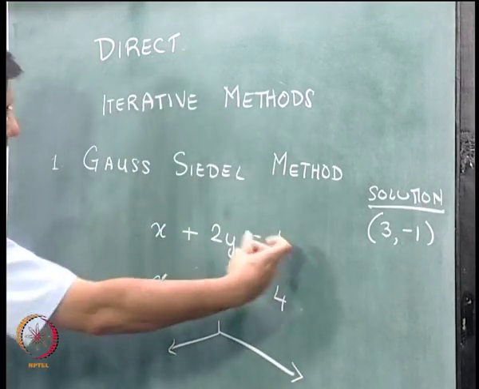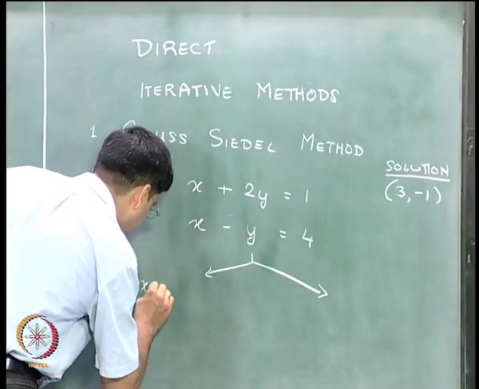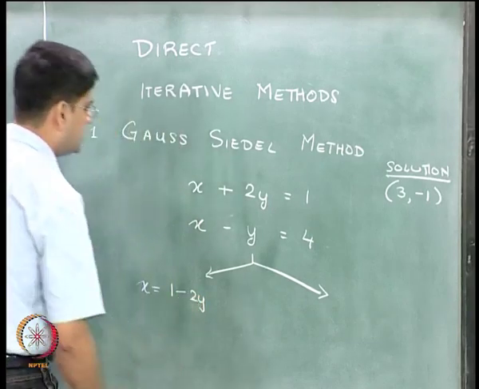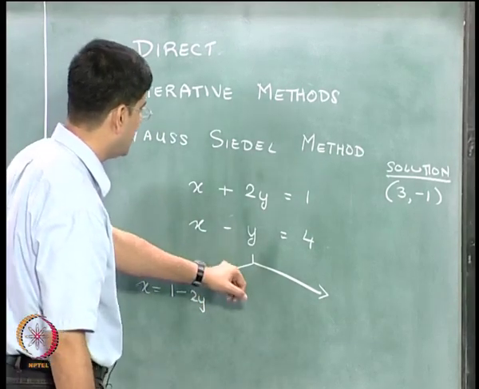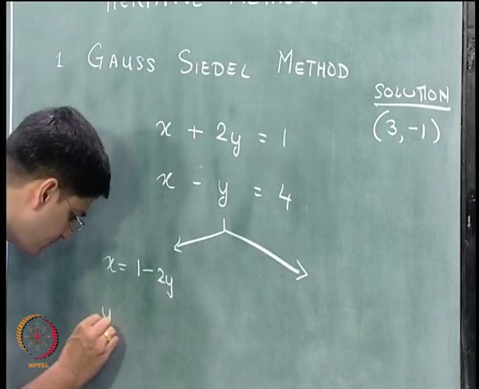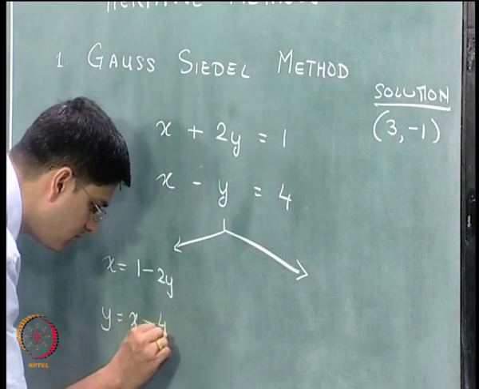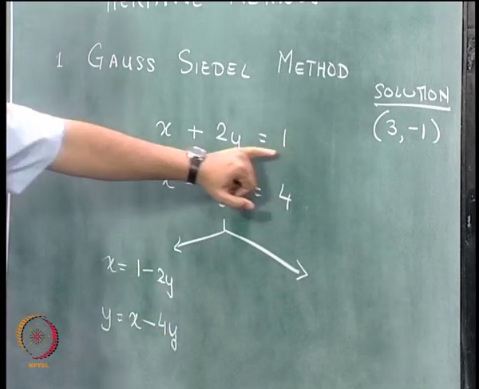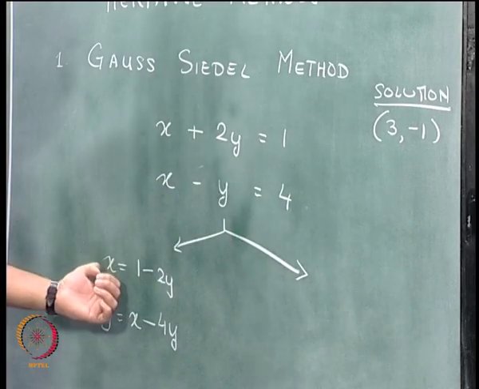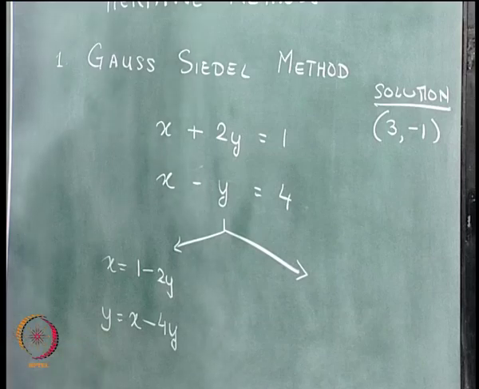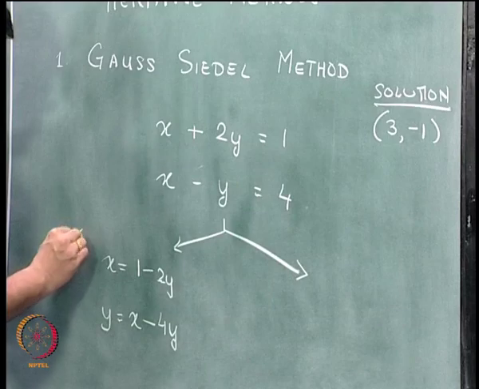You can take 2y to the other side and write x equal to 1 minus 2y, and the second equation you can write as y equal to x minus 4. What we have done is use the first equation to express the result in terms of x and the second equation to express the result in terms of y. That is one way of rearranging these equations.